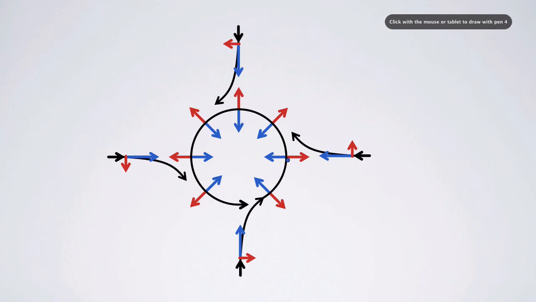So we've got air that's moving in the center of the low pressure system, and you can see that air is coming from the south, and this red is the Coriolis acceleration. So you've got air that's moving in from the south here, and it's going to be accelerated towards the right, which causes it to spin. Air coming in from the north is going to be decelerated, and that's going to move to the right there by its vector, or the left as far as we're concerned, and that sets up the spin.